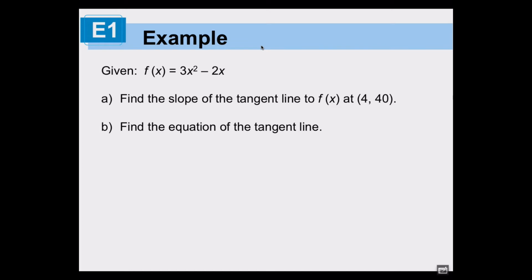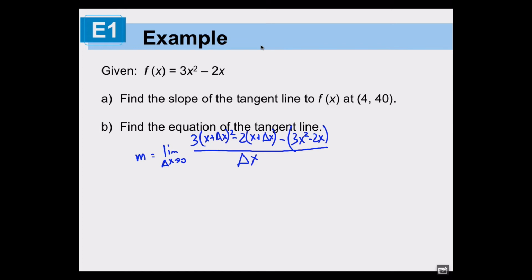Okay, so we're going to find the slope by doing the limit as delta x approaches 0 of this. So that would be 3 times x plus delta x quantity squared minus 2 times x plus delta x, minus parentheses 3x squared minus 2x close parentheses, all over delta x.